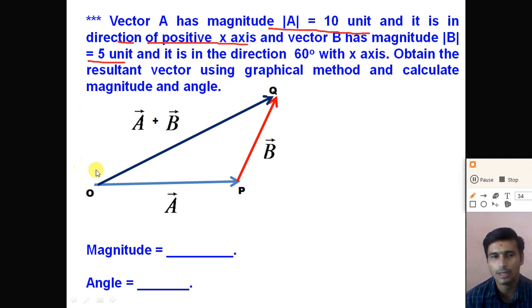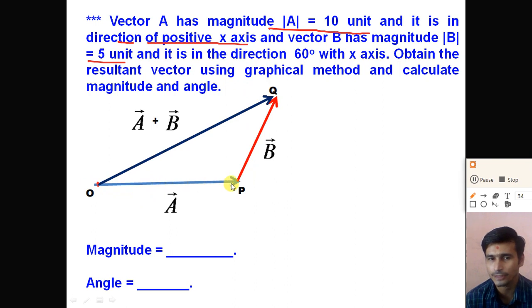So first, from any common reference point O, draw a vector OP which has a length of 10 centimeters, say, in a proper scale, and in the direction of the positive x-axis.